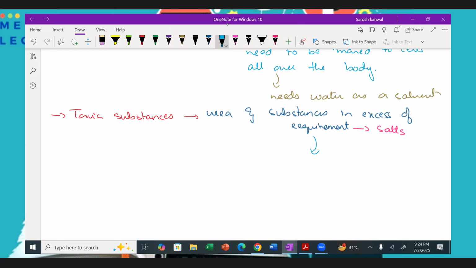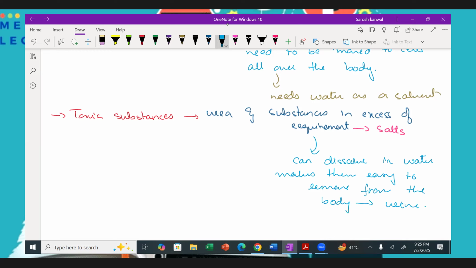They can dissolve in water and that makes it easy to remove from the body in the form of urine, right?